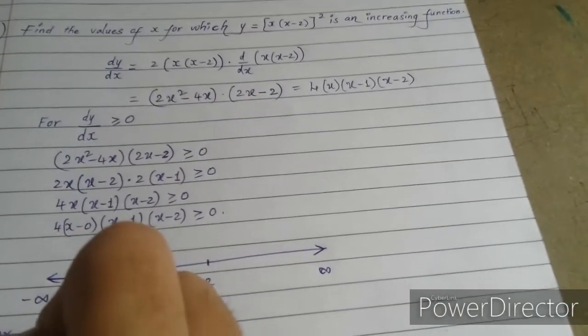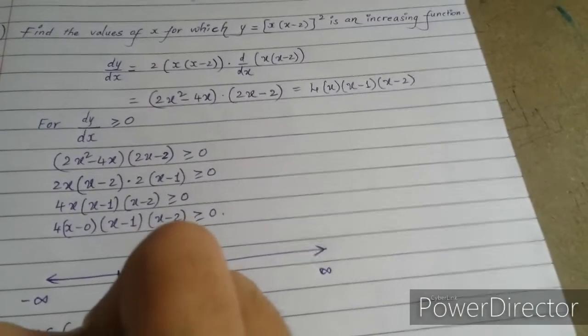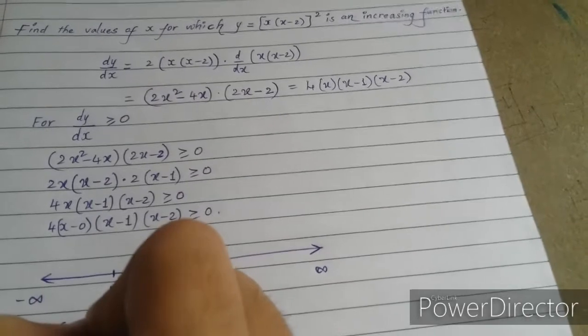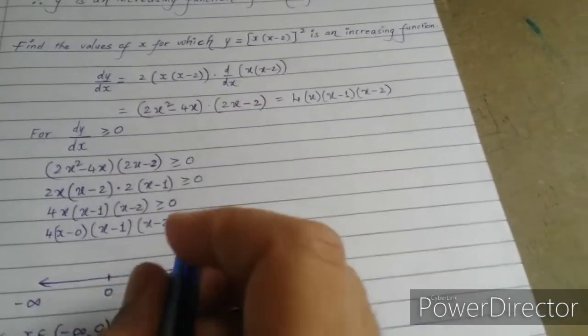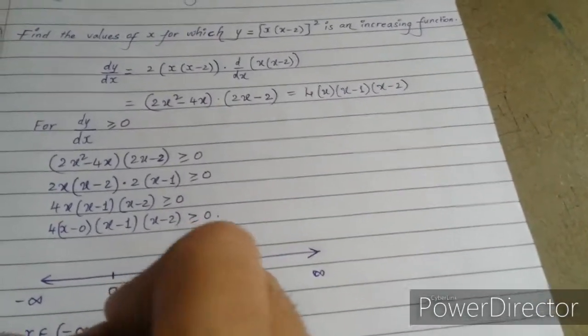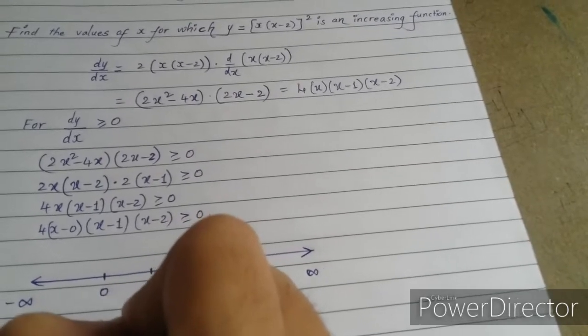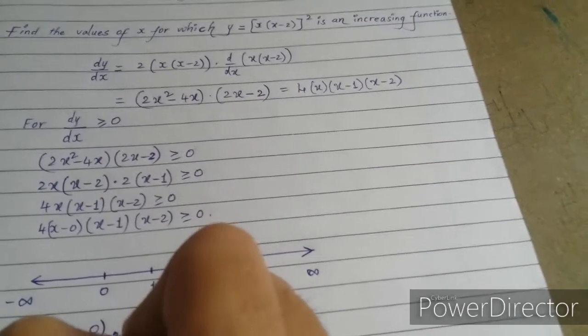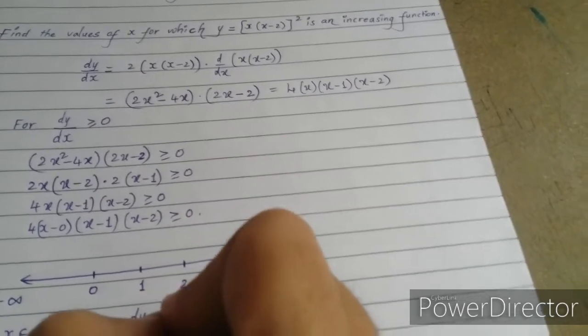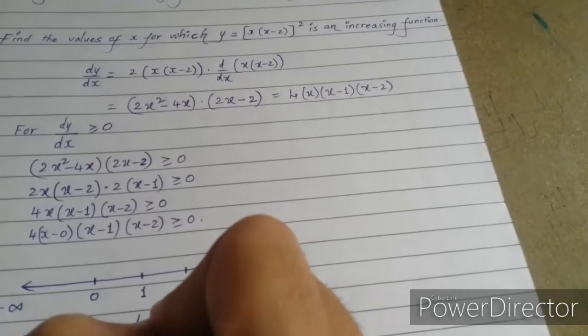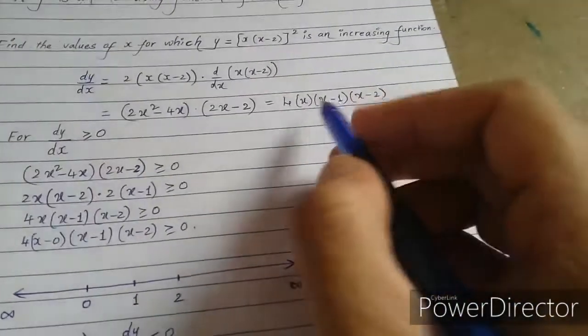For x belongs to minus infinity to 0, dy by dx is less than 0, negative.